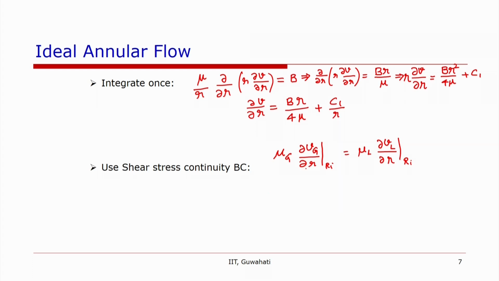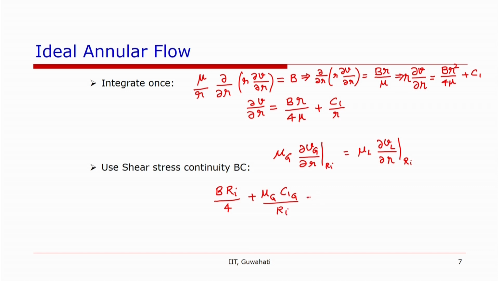So when we multiply by μ, we can have B Ri over 4 and μ will cancel out, plus μG C1G divided by Ri.